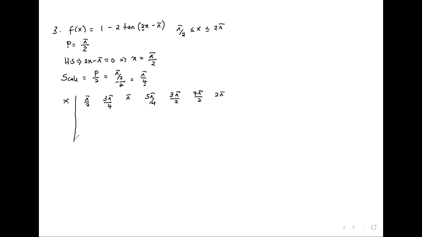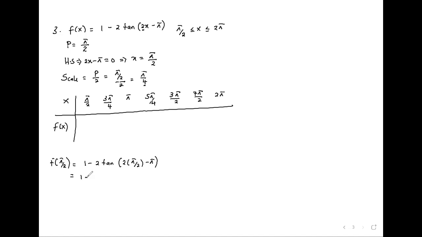Then we calculate now. We put f of x here. Then we get the first value. What is f of pi over 2? So we'll get 1 minus 2 tan of 2 times pi over 2 minus pi.